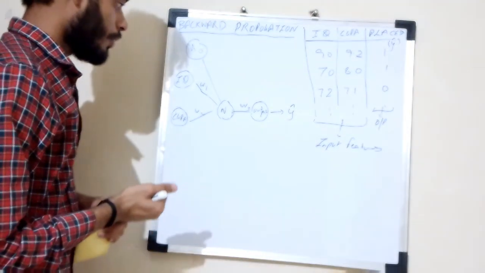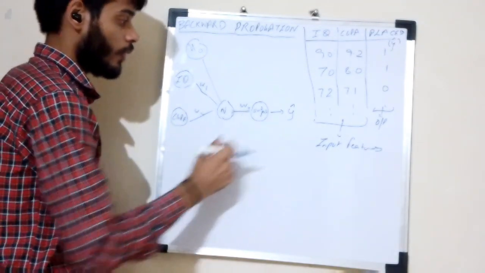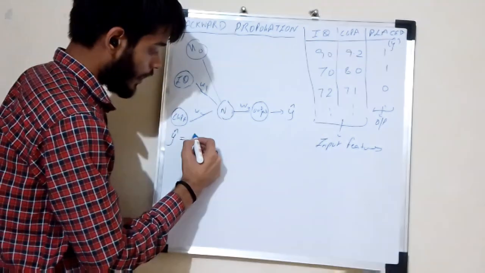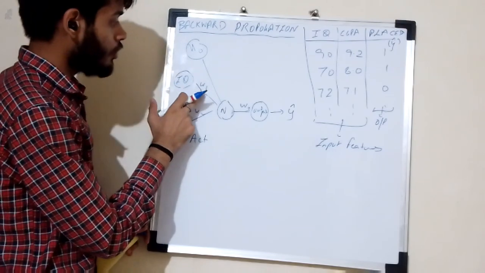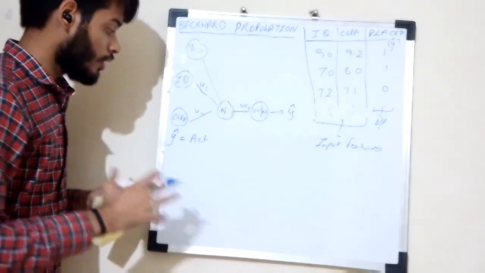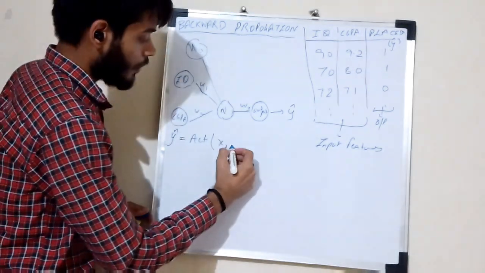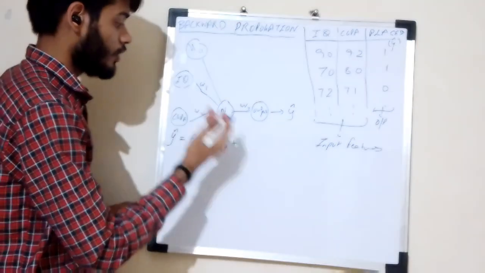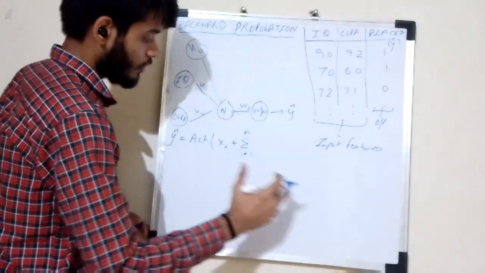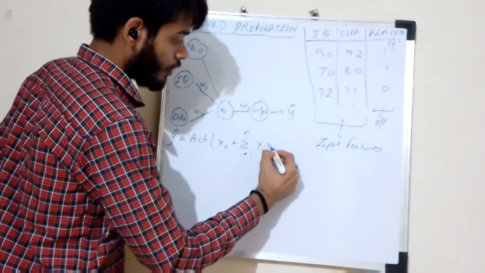Let me again write the equation for how we find this y cap. We pass the summation of IQ into W1 plus CGPA into W2, together with x0, into the activation function. We can write this as x0, which is our bias, plus the summation of the input features, for i equals 1 till 2, and in general, x of i into W of i.